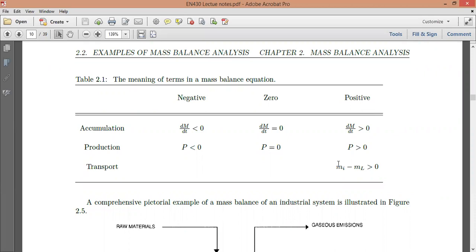So there's mass transfer and mass transport. Transport is more physical. It's a physical movement of the material, of the millimole or the water from wherever it came from into the pot and out into your plate. So that's why Mi minus Ml will be above 0 in terms of transport. It's a positive value.